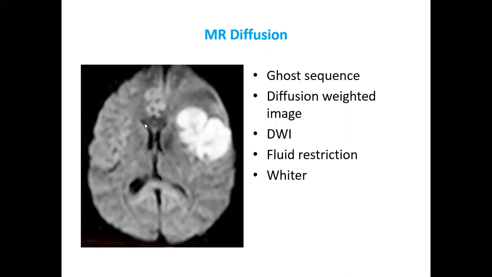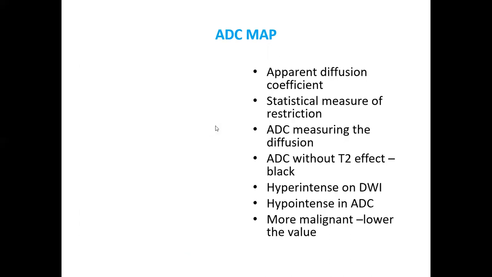Another sequence you can come across is MR diffusion, where you can measure the diffusion of water molecules. We otherwise call it a ghost sequence, as it looks like a ghost. If you see fluid restriction here, it looks whiter. To measure the fluid restriction, we need an ADC map.